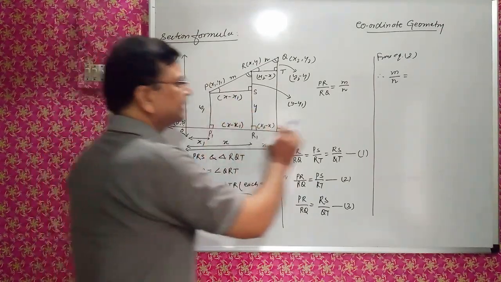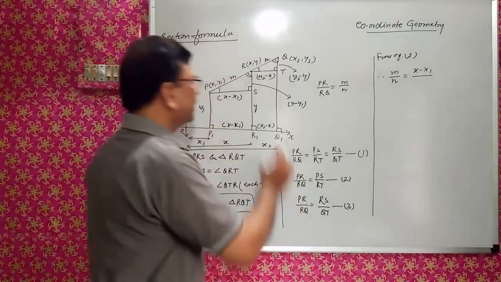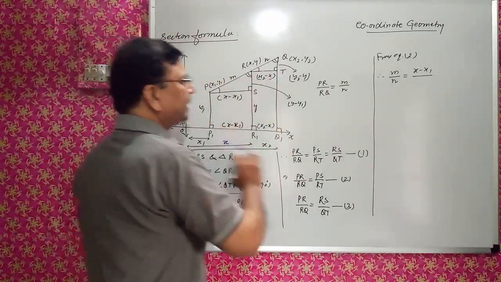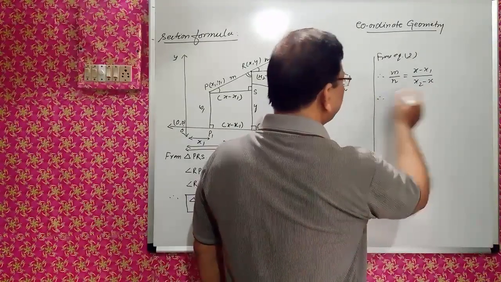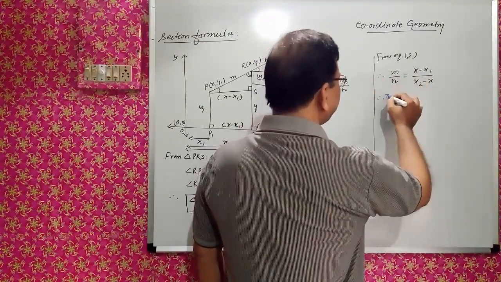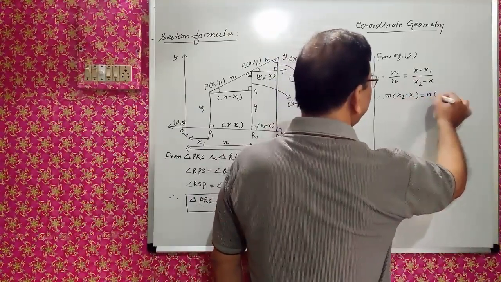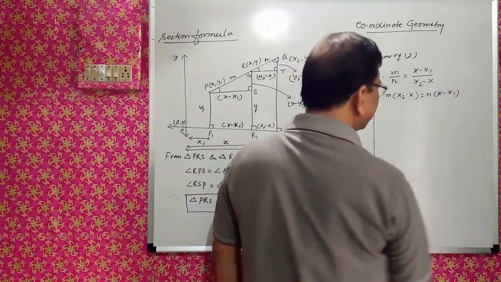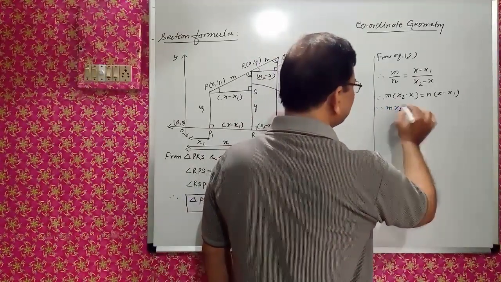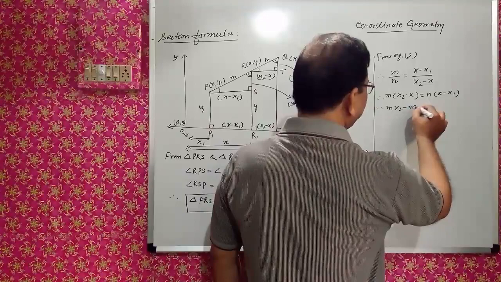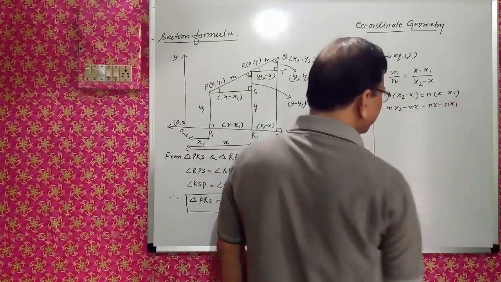PS is x minus x1, and RT is x2 minus x. Therefore, by cross multiplication, we will get m(x2 minus x) is equal to n(x minus x1). Now we will simplify this. Therefore, mx2 minus mx is equal to nx minus nx1.